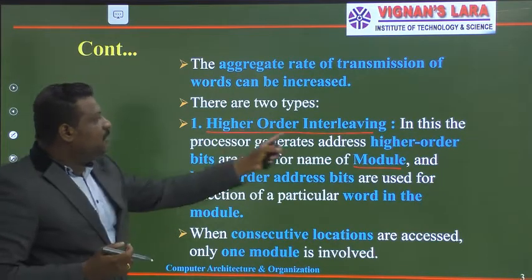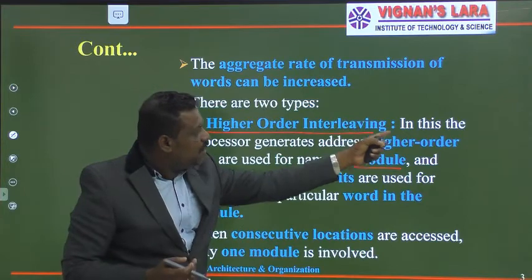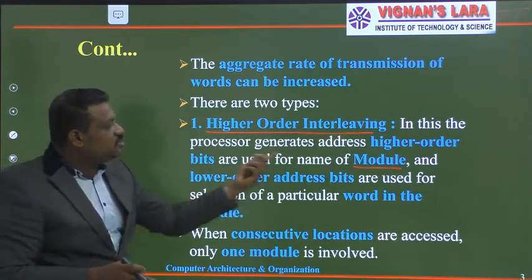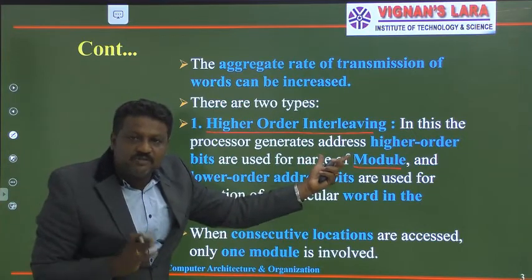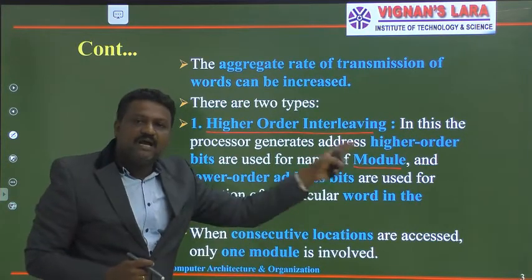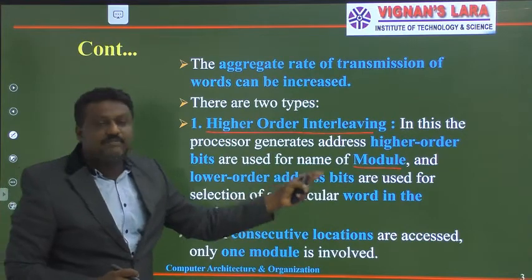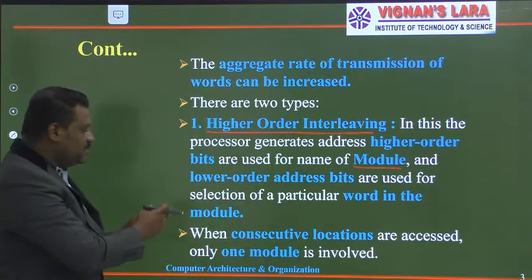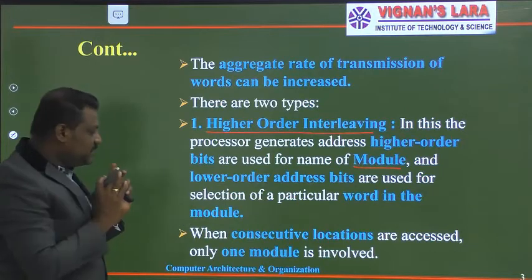I repeat, the higher order bits are used for the name of a module, that means selection of a module, and the lower order address bits are used for selection of a particular word in the module.